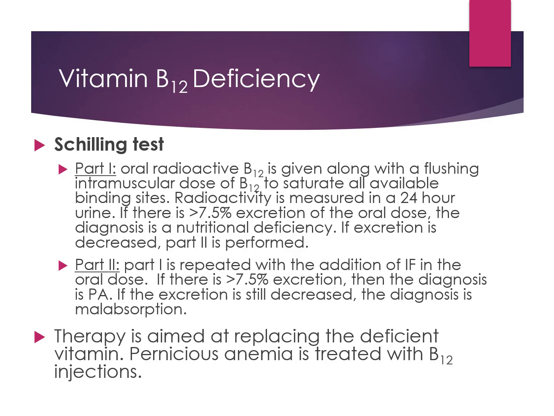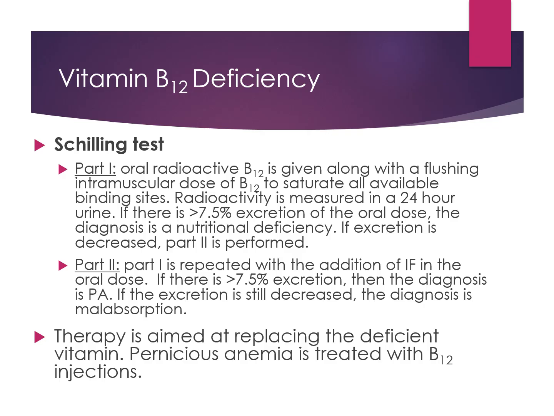After we've given that intramuscular dose and the radioactive dose, we measure the urine output for 24 hours, and we measure the radioactive B12 that is excreted. If we have greater than 7.5 excretion of the oral dose, then the diagnosis is a nutritional deficiency, because now that we have flooded the patient with B12, they should no longer be deficient, and we're seeing a proper amount of excretion. If, however, excretion is decreased, we move forward with the second part of the Schilling test.